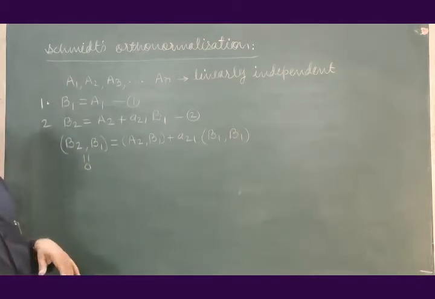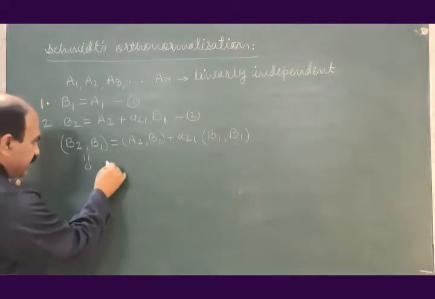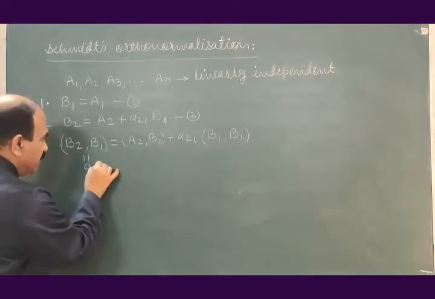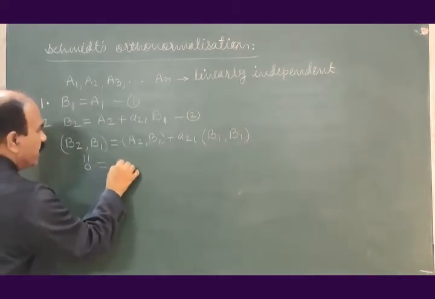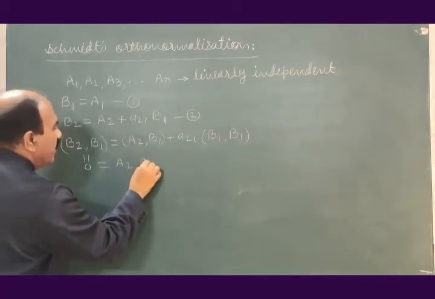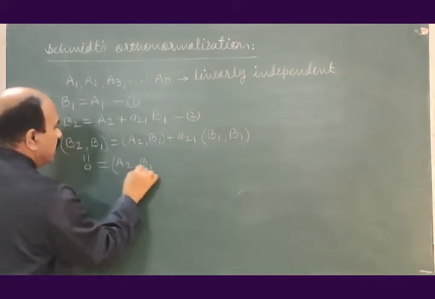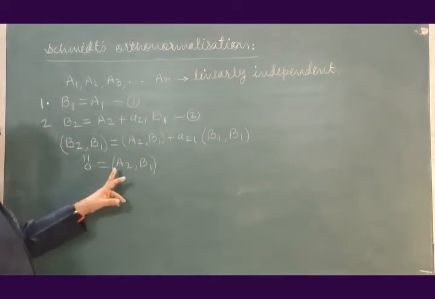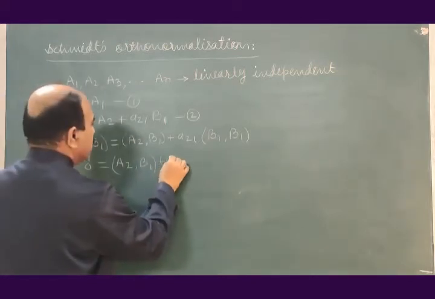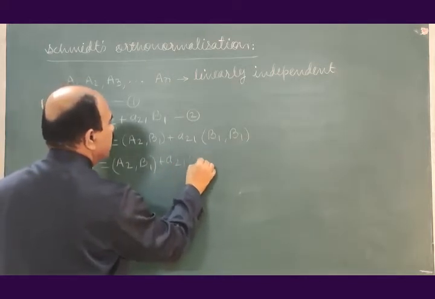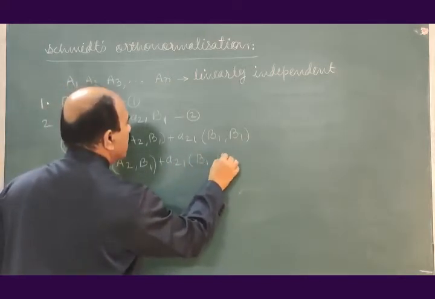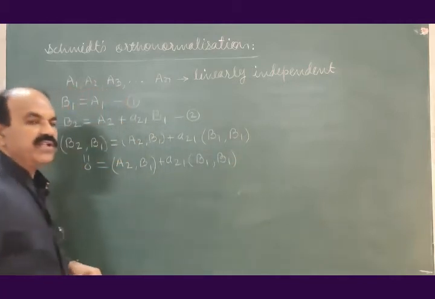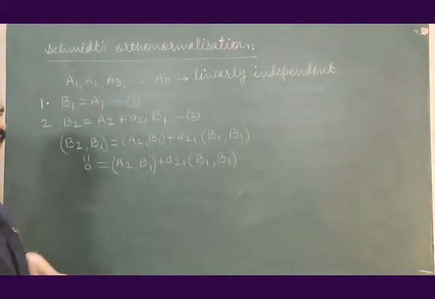And therefore, let me write this: 0 is equal to (a2, b1), the inner product of vector a2 with vector b1, plus a21 into the inner product of vector b1 with itself.